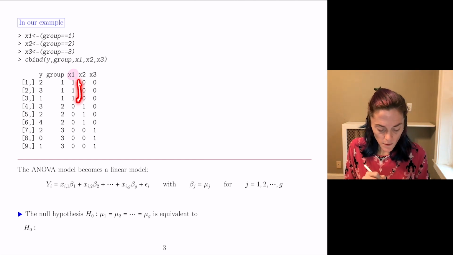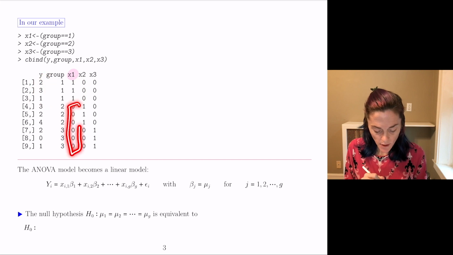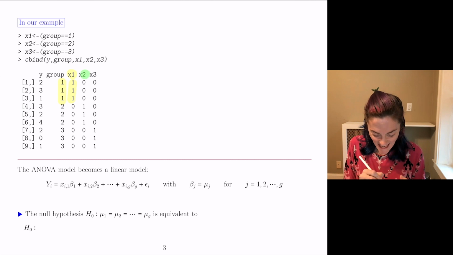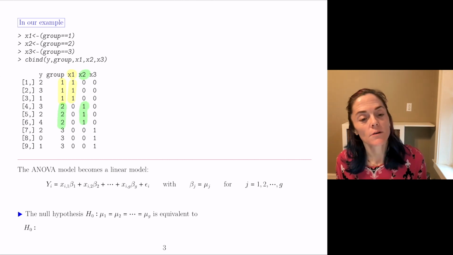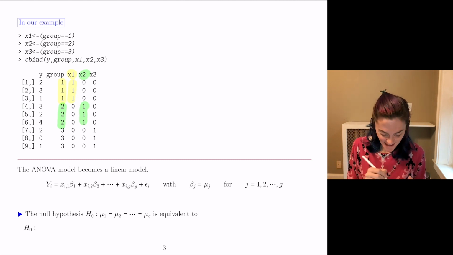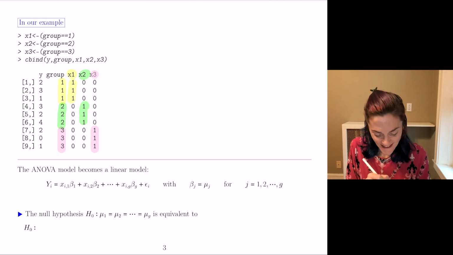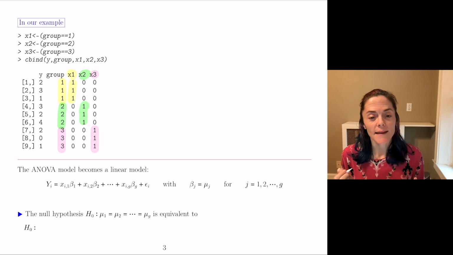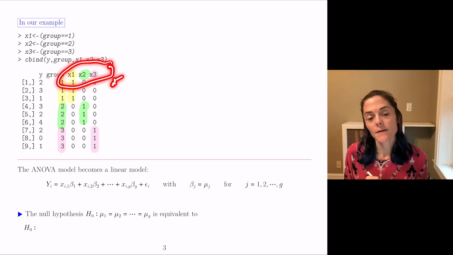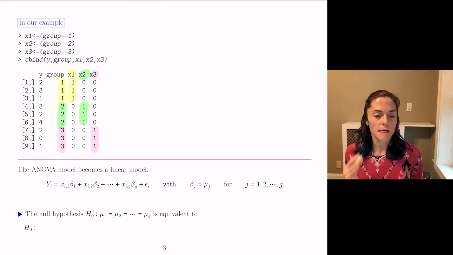It's 1 when y is in group 1, and it's 0 if y is not in group 1. And then the second is 1 when y is in group 2, and 0 if y is not in group 2. And the third is 1 when y is in group 3, and 0 when y is not in group 3. These are the G vector-valued group indicator variables here.